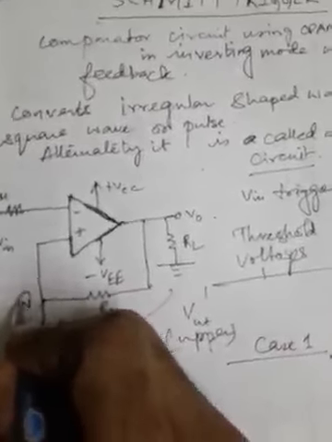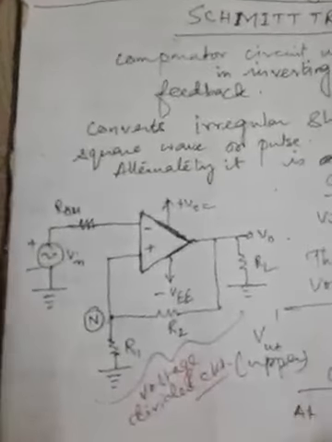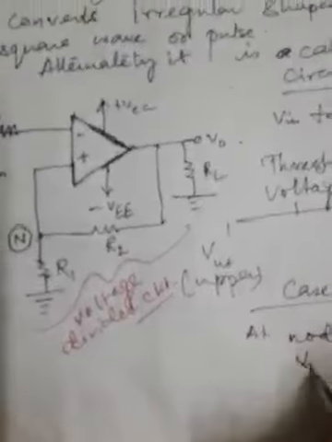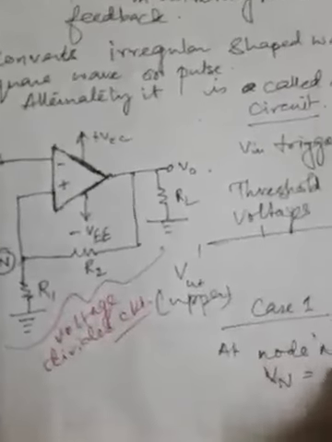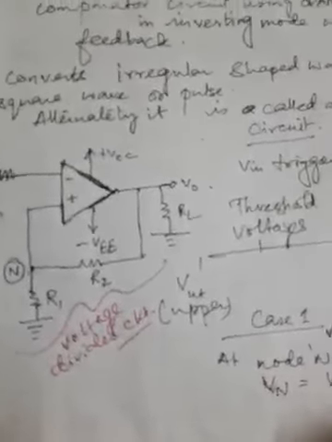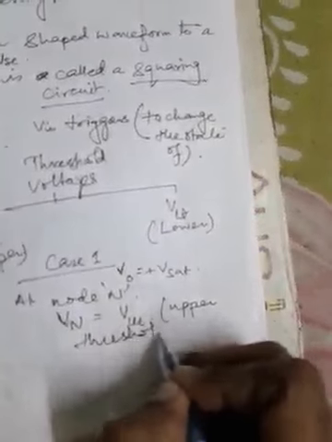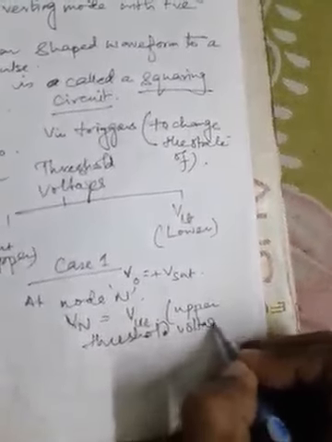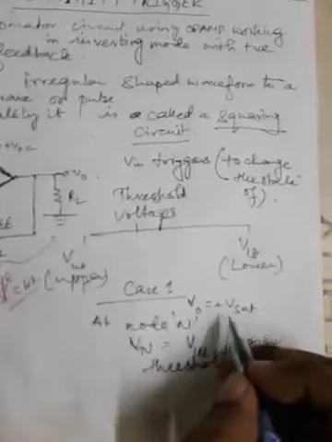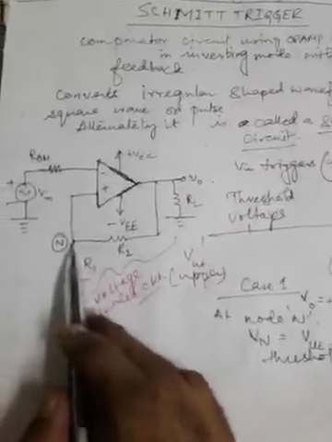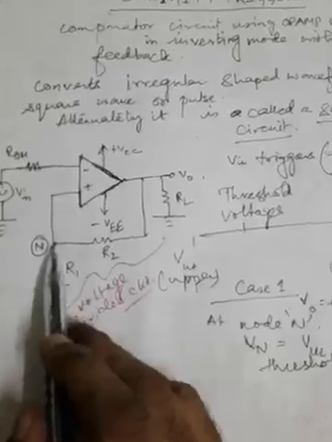Suppose we are denoting this node N. So at node N the voltage Vn will be called VUT, the upper threshold voltage. That means the upper threshold voltage corresponds to positive saturation, when the output stays at plus Vsat, and then the voltage at this particular node is called VUT.